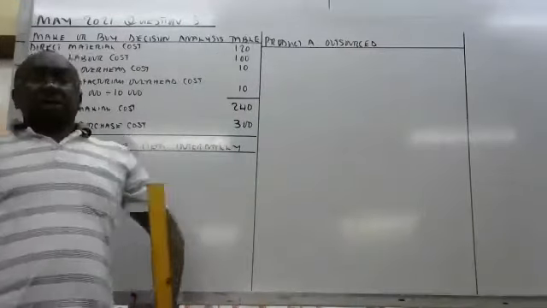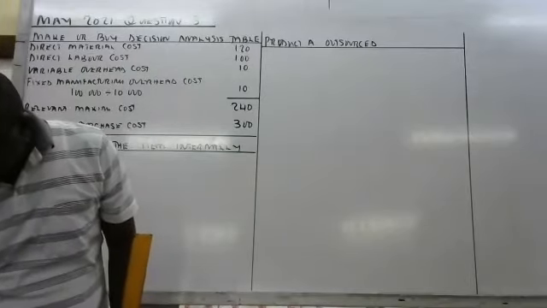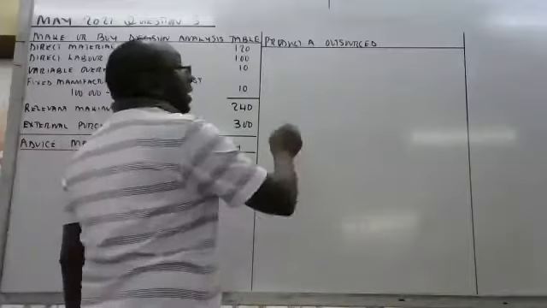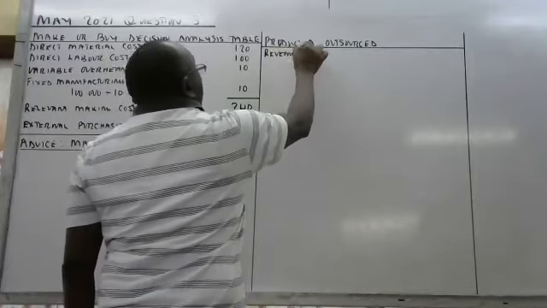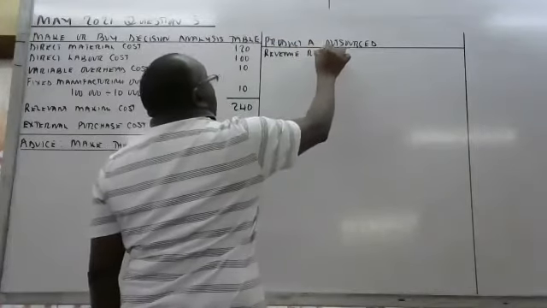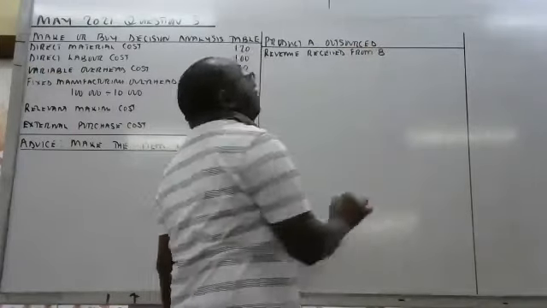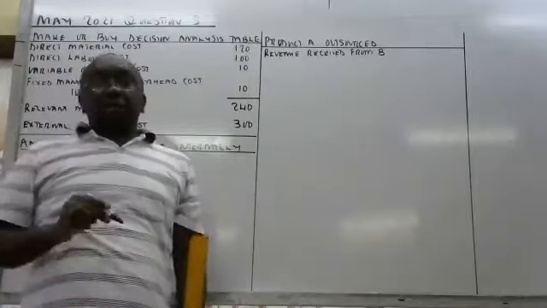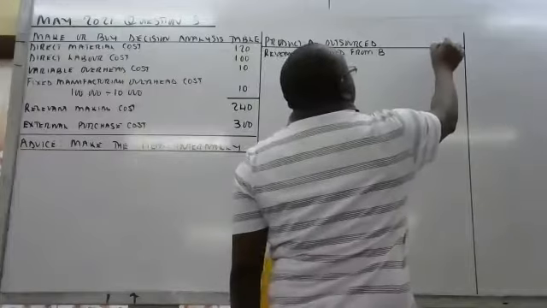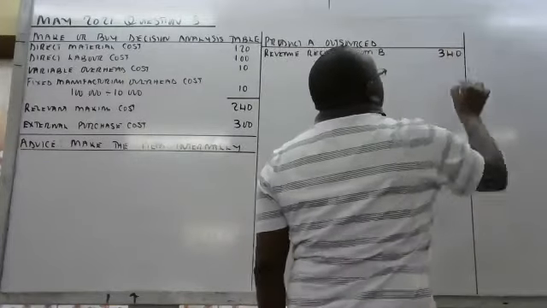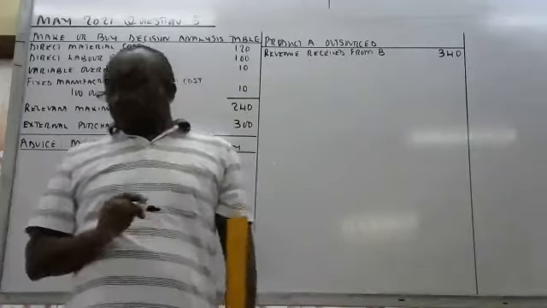If you decide to outsource product A, then what will happen? Number one, you need to bring in the revenue received from B. Revenue that will be received from component B, you are going to sell the component at 340. So that is money that will come in if you decide to outsource.